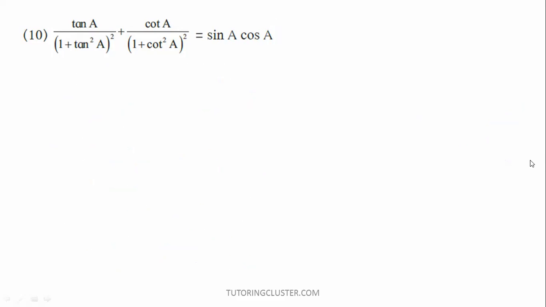The last example which we are going to try is sec to the power 4a in bracket 1 minus sine to the power 4a, minus 2 tan square a, is equal to 1. So again, it looks a little bit difficult because the number of terms is more, but let us try it.